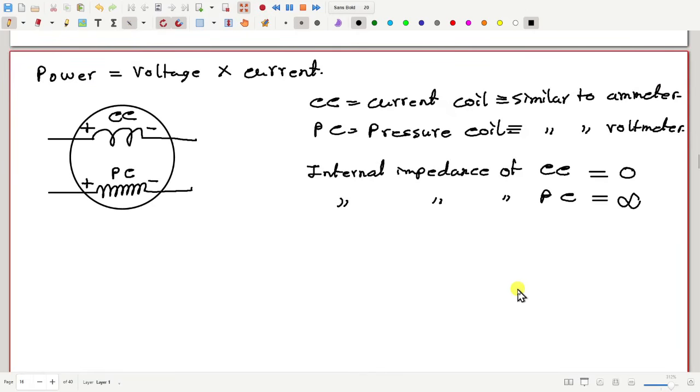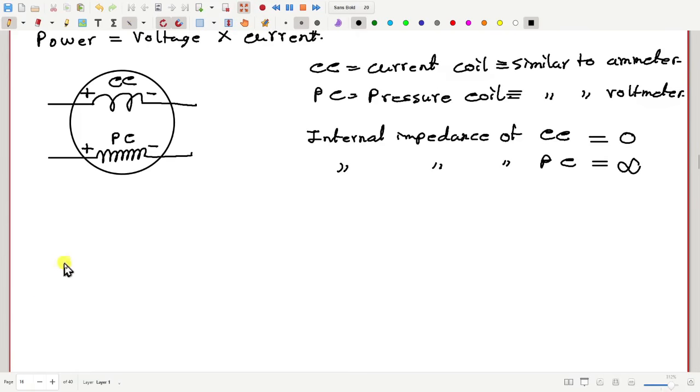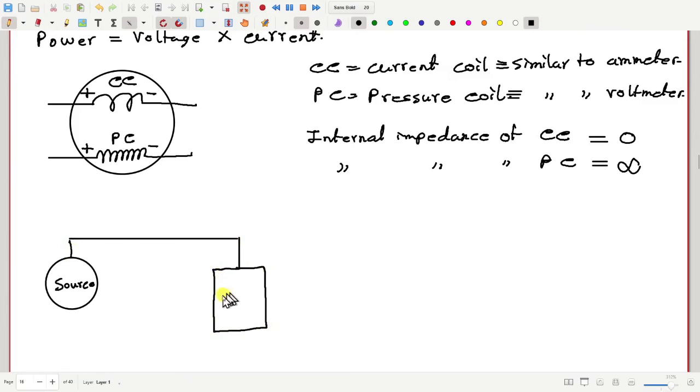Now, suppose I have a circuit, some source, and then some load. Current is flowing, and we also have a voltage difference across the load.